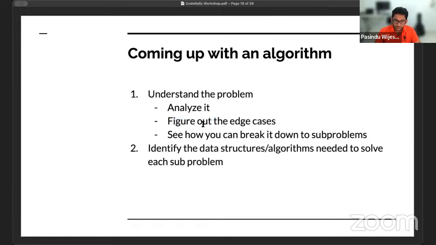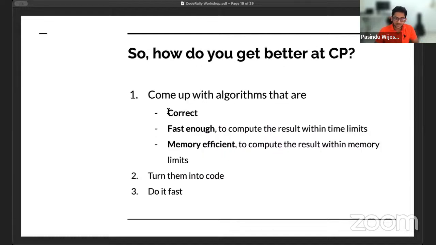And so when you get a problem, you need to figure out the edge cases that you might have, because for your algorithm to be right, you also need to ensure that the algorithm covers the edge cases in the solution space, right? This is very important because in CP competitions, you need to create correct algorithms.